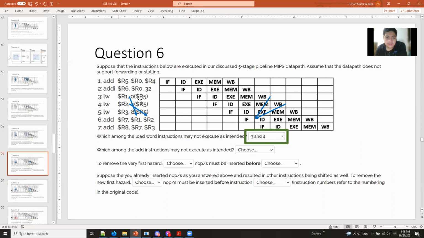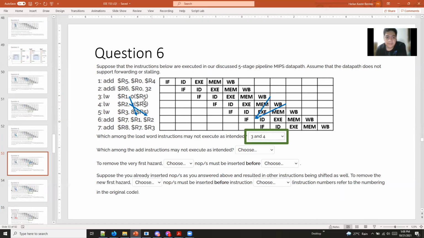Ibig sabihin nun, si instruction 3 kailangan ready na by this time bago mag-instruction decode, and pati si instruction 4 dapat tapos na siya before mag-instruction decode. So even if we're assuming na walang hazard na nangyari dito kay 3 and 4, hindi pa rin sila on time na dumating.